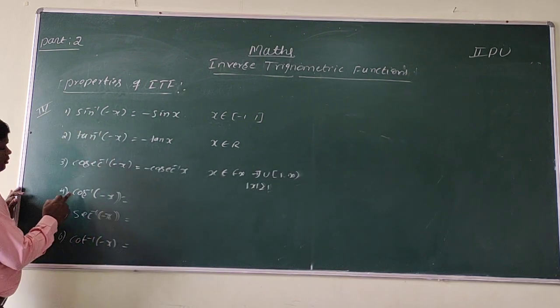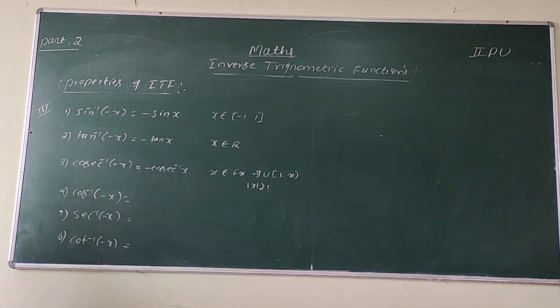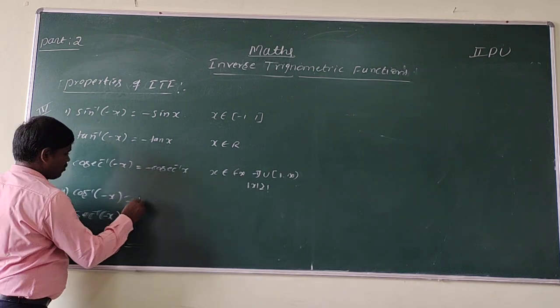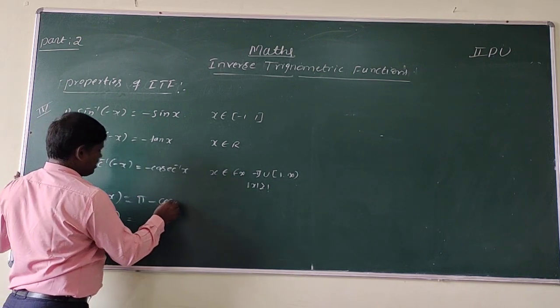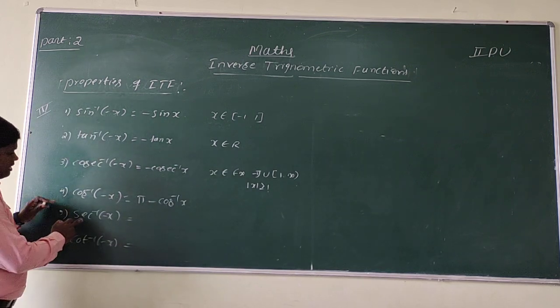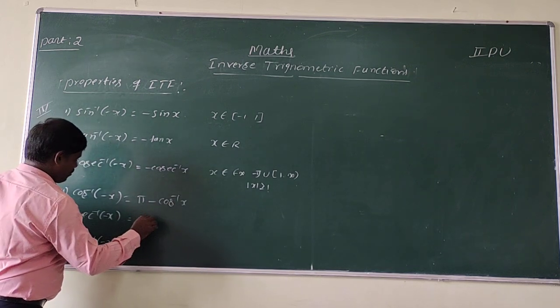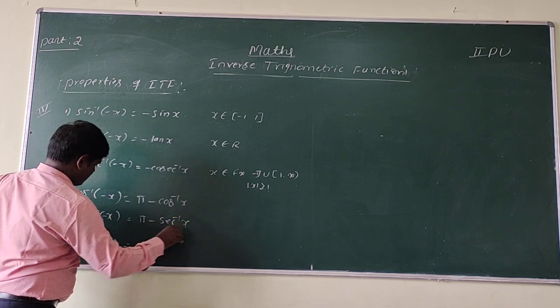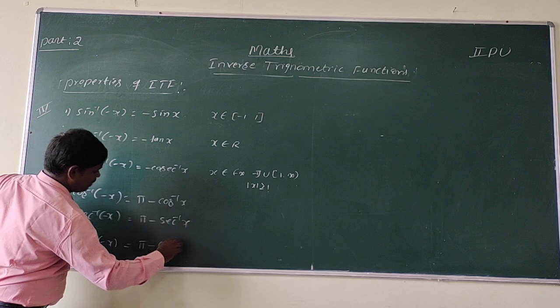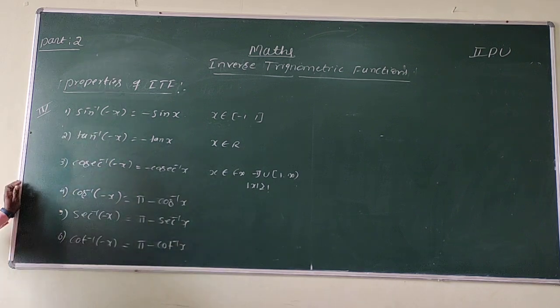Okay, so observe the next three formulas. Cos inverse of minus x is equal to pi minus cos inverse of x. Secant inverse of minus x is pi minus secant inverse of x, and cot inverse of minus x is pi minus cot inverse of x. So conditions are applied here.